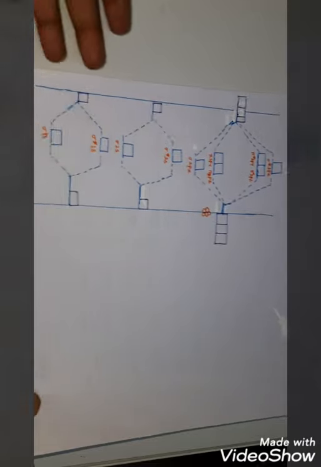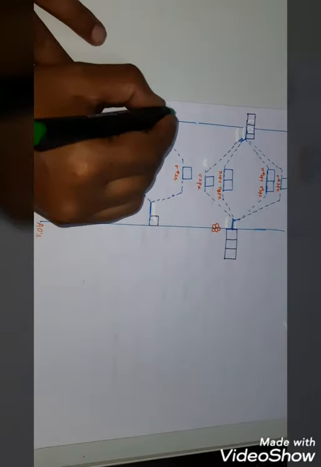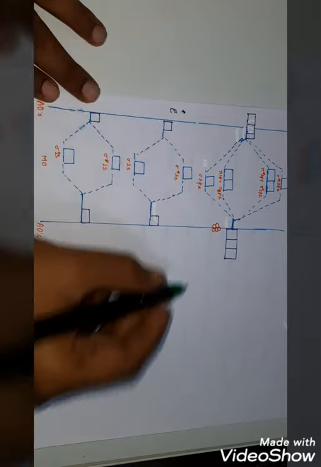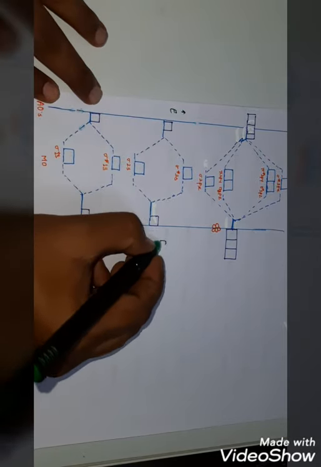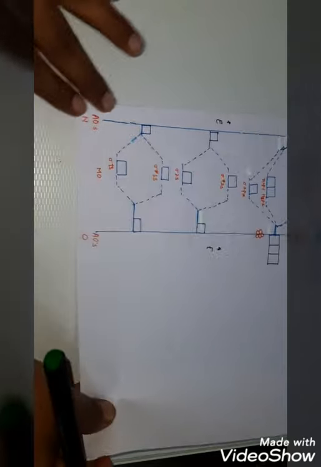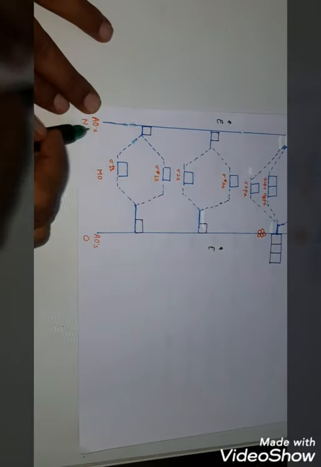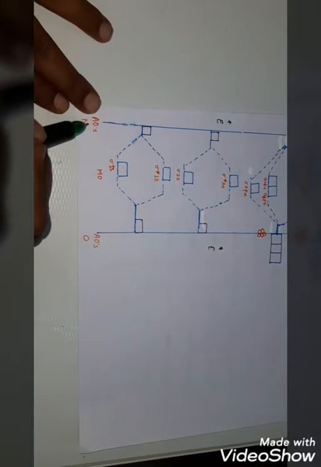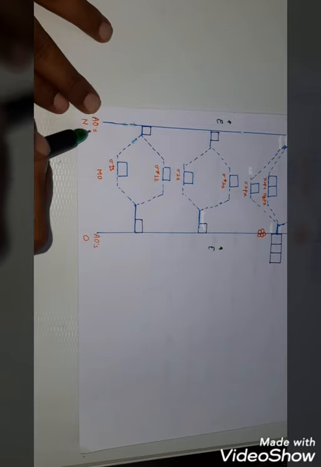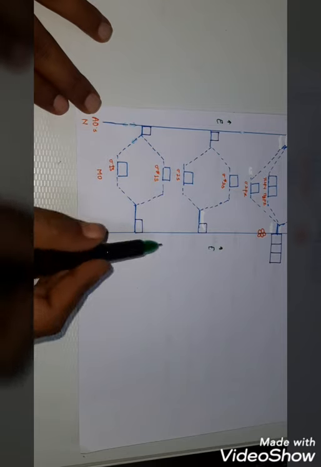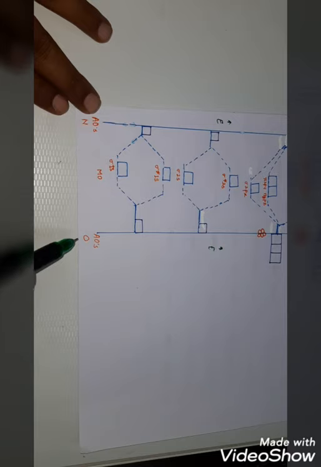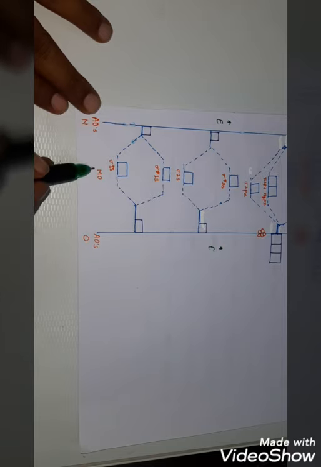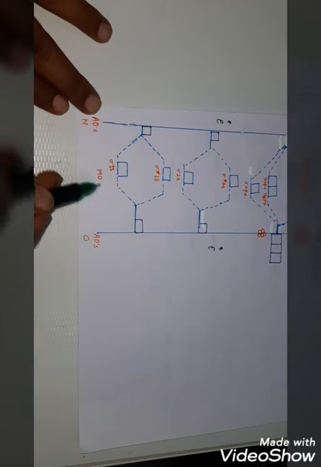Now let's draw the molecular energy level diagram for the NO molecule. This is the energy pole for nitrogen and this is the energy pole for oxygen. These are the AOs, that is, atomic orbitals of nitrogen, and these are atomic orbitals of oxygen, and they combine to form the molecular orbitals of nitric oxide.